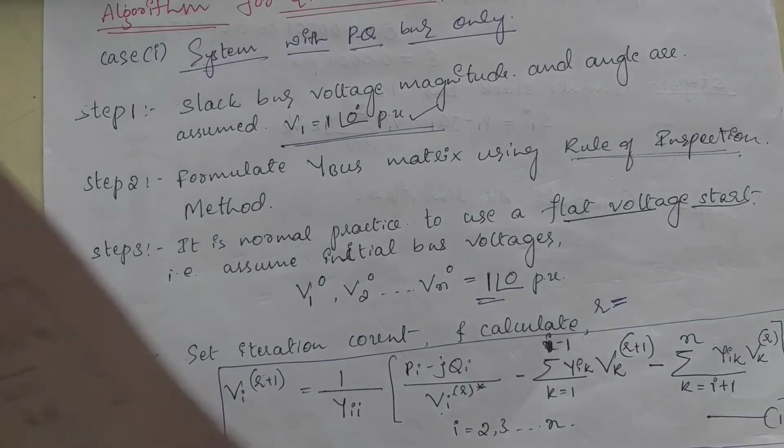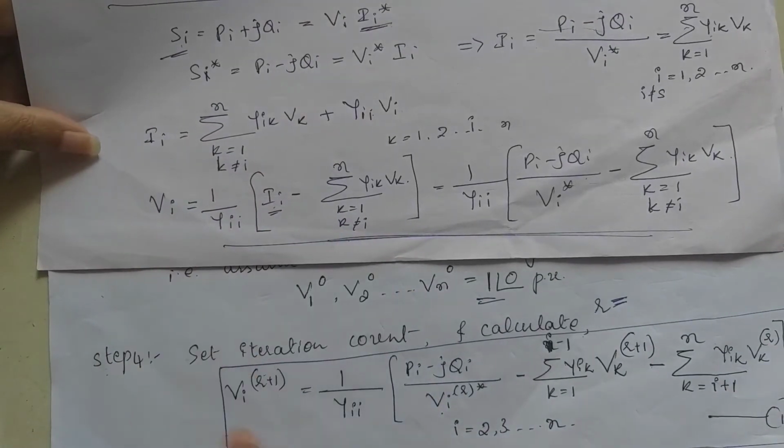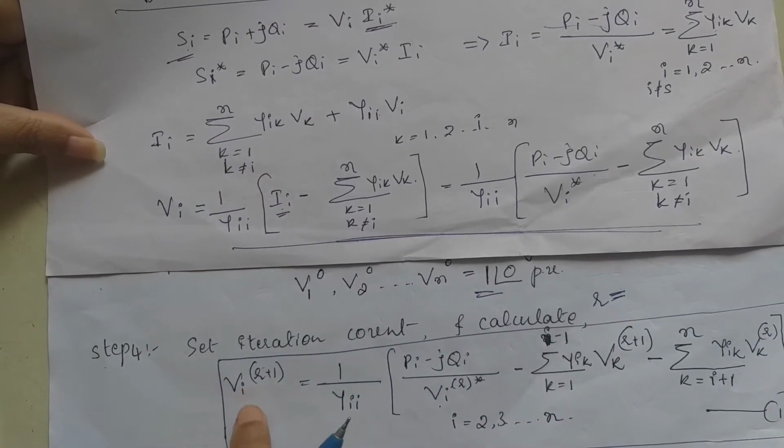How do we get V_i^(R+1)? Just look at this equation for V_i and compare both. We are going to set the iteration count.